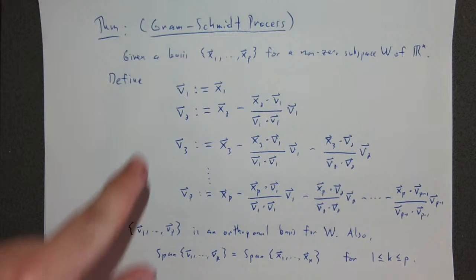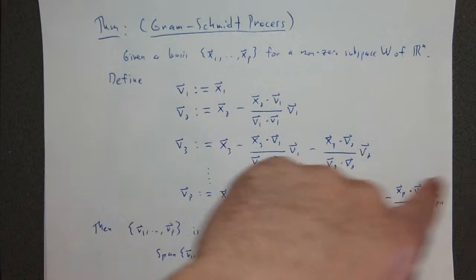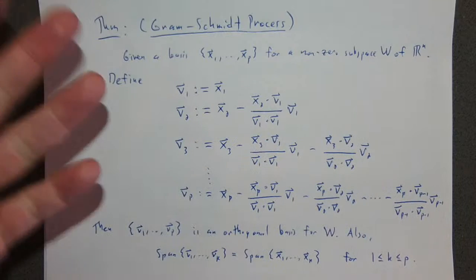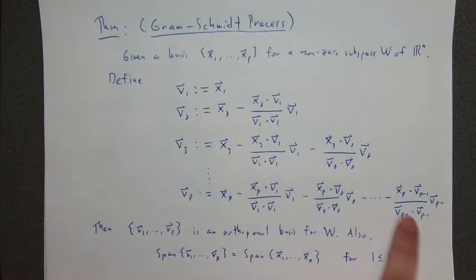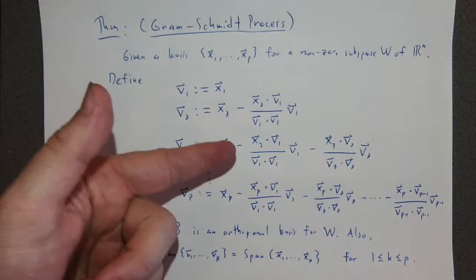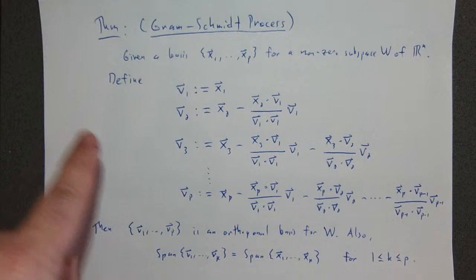Just by looking at this, knowing the algebraic formula for the projection, you can see that this process is related to orthogonal projection, because the stuff that you're subtracting off from these vectors are exactly the terms that show up in an orthogonal projection.